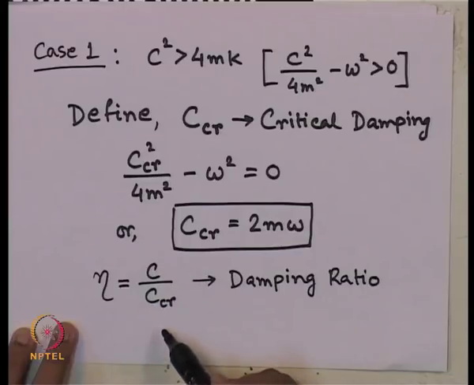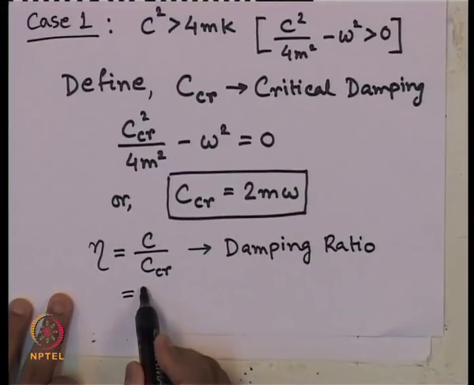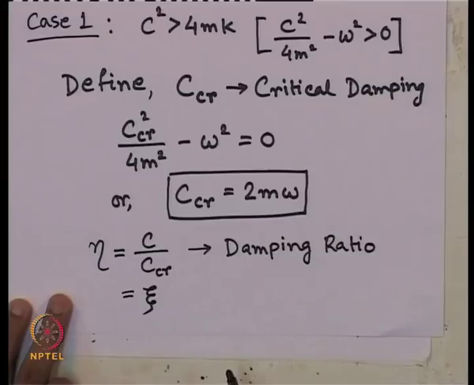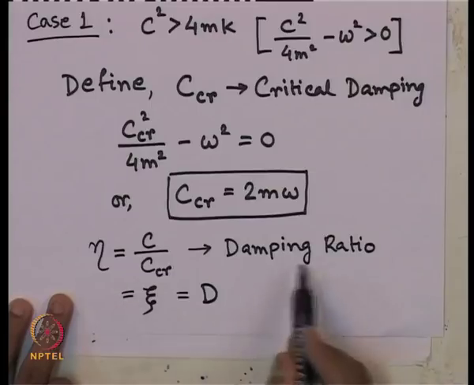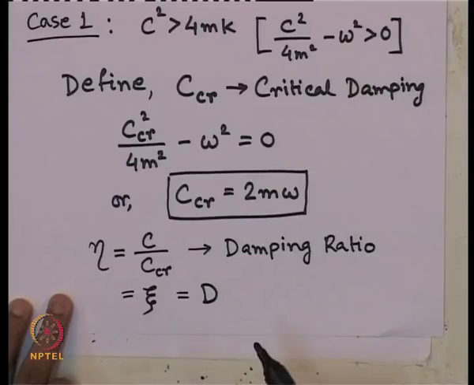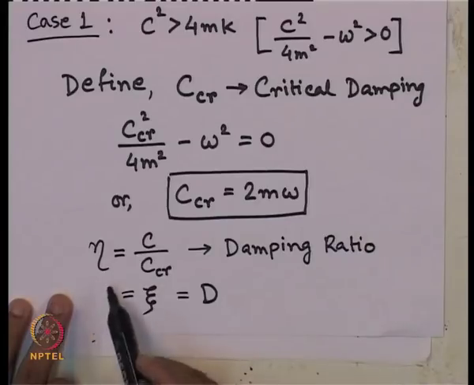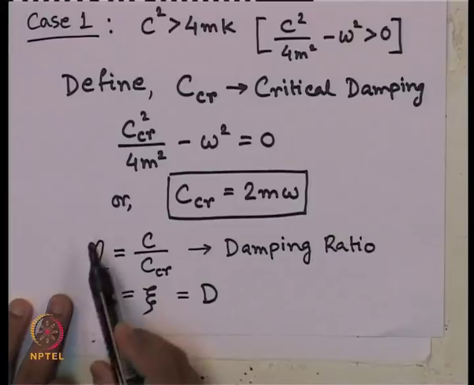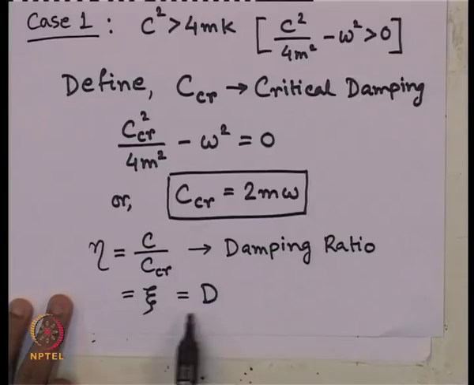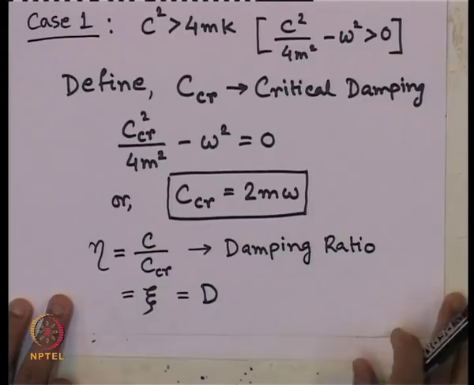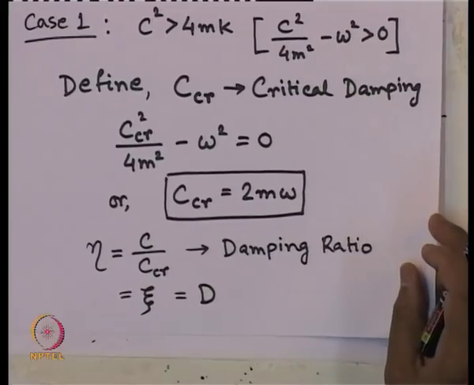In some books you will find they use some other notation, but anyway it does not matter. Some books use the notation of capital D. So, these are the standard notations used for damping ratio in different textbooks. For our course I will try to stick to this Greek symbol eta as the symbol for damping ratio, but you will find different symbols for the same damping ratio in other textbooks.